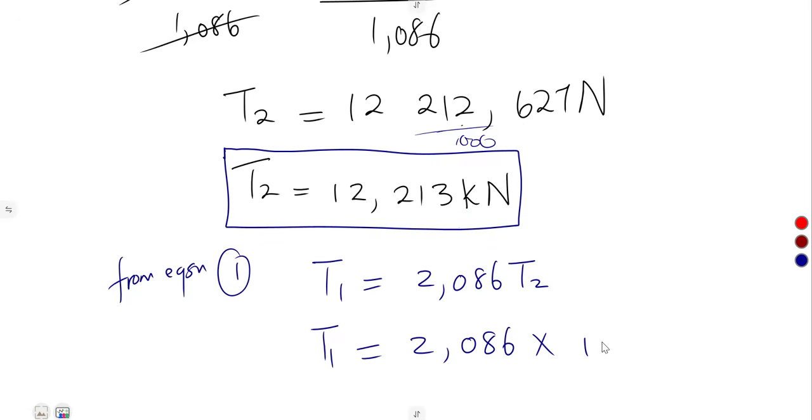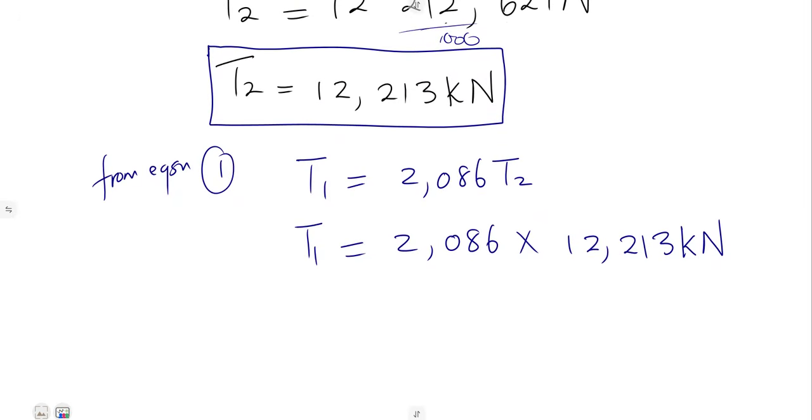So I'm just going to use the kilonewton, 12.213 kilonewton. So meaning to say whatever that I'm going to multiply here will remain in kilonewton. And to 3 decimal places, that was going to give us 25.476 kilonewton.